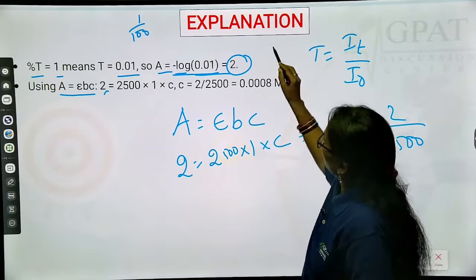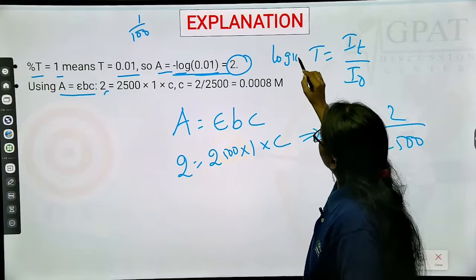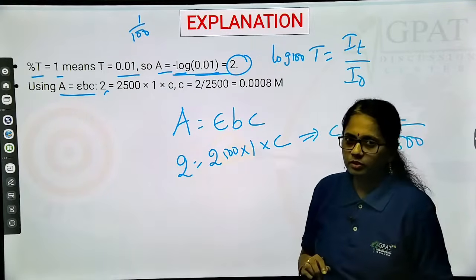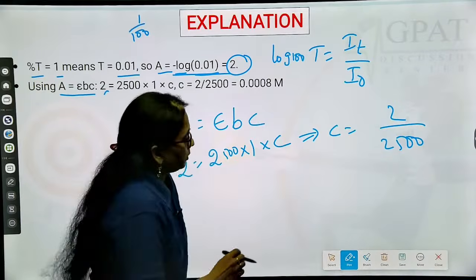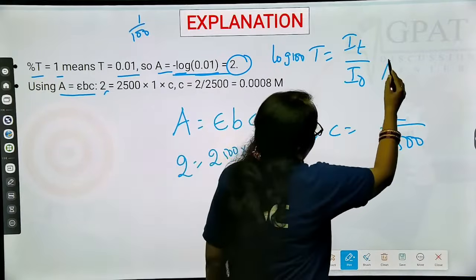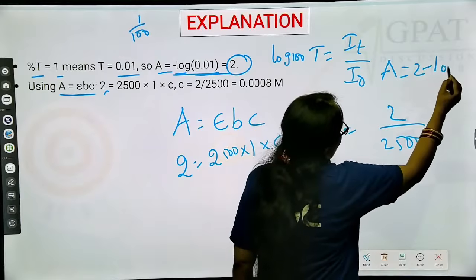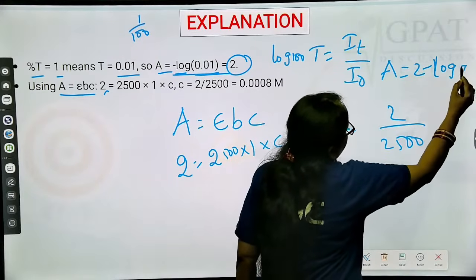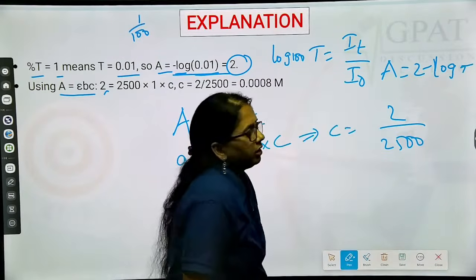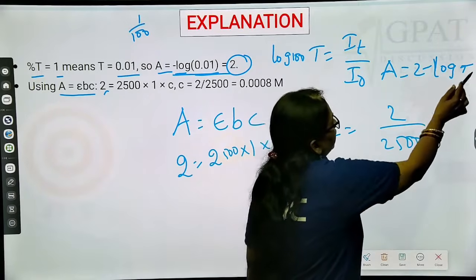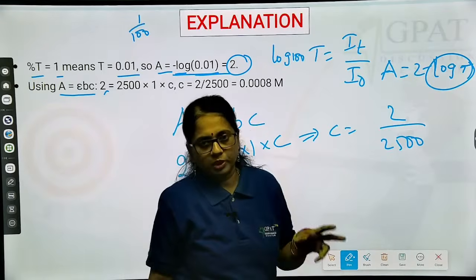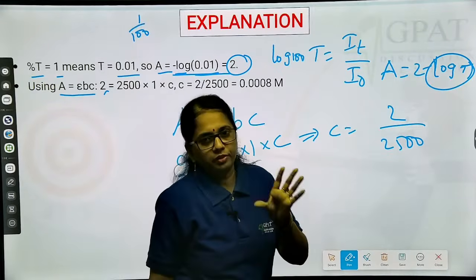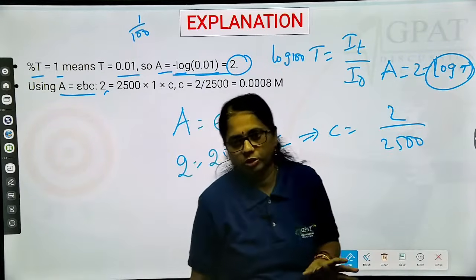So actually log 100, if you take the relation between the absorbance and the transmittance, A equal to 2 minus log of percentage T. So this is also going to be taken, and whenever it is only 1%, that is also going to become 0.01, like that you are going to observe.